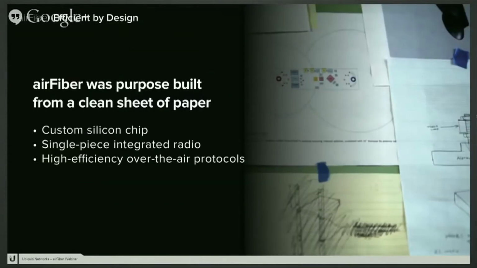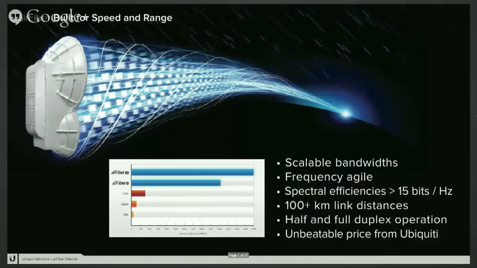And that also means that AirFiber is efficient by design. When the AirFiber team started this project, they started from a clean sheet of paper, and that resulted in a custom silicon chip, single-piece integrated radio, and high-efficiency over-the-air protocols. And as a result, AirFiber is built for speed and range.